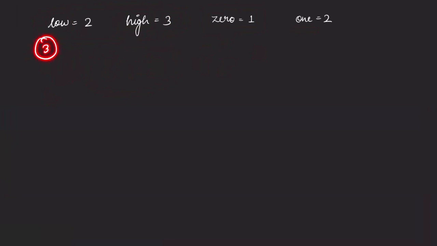In one operation, I will append one 0 because the number of zeros given to us is 1. Then in the second operation, I will append one 0, then the next operation, one 0. But if this was 2, in that case, I would append two zeros at a time. And similarly for 1, it has to be appended this many number of times. These variable names are a little confusing, but these are the number of times that 1 can be appended and these are the number of times that 0 can be appended in one operation.